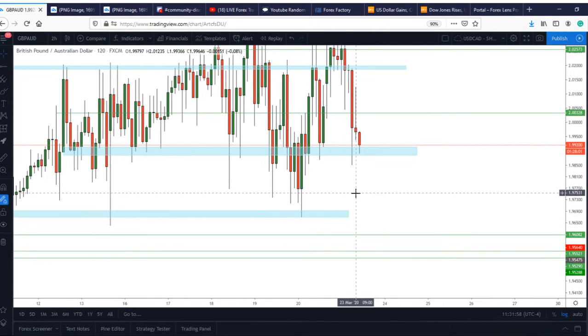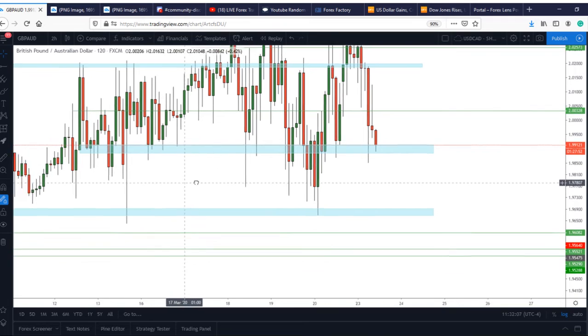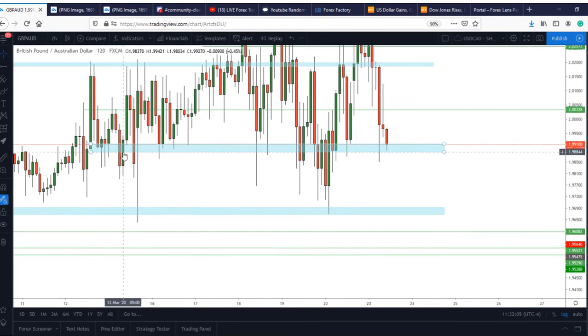I would be careful of taking shorts back down to here because, like I've said, it has a lot more respect for this support than it does for this one. For example, if you see in the past, we have closed below this level, but we always push back up. And we even had that here, and then we had a huge wick to the top before we go down.